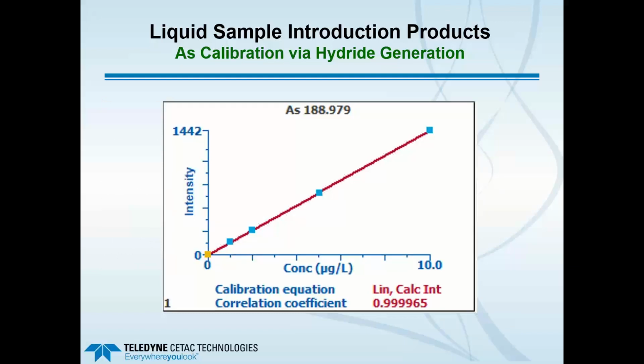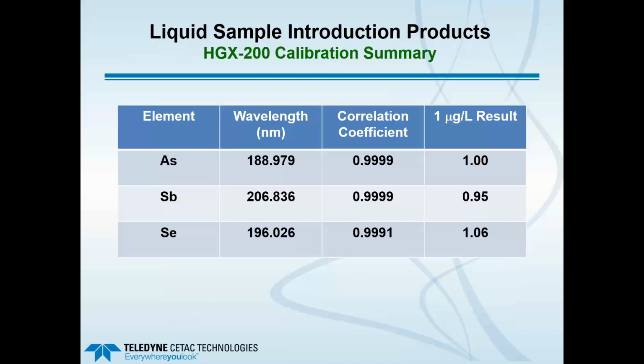First, I'll give you one example of a calibration curve, and this is for arsenic at the 189 nanometer line, 1, 2, 5, and 10 ppb, and a very good correlation coefficient, 0.9996. So that performed very well. And then here is a summary of the correlation coefficients.